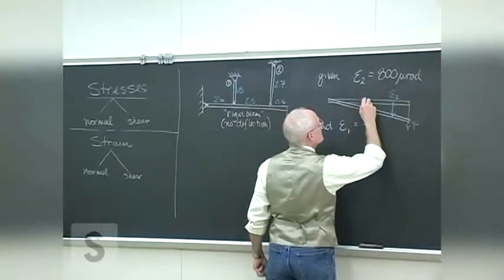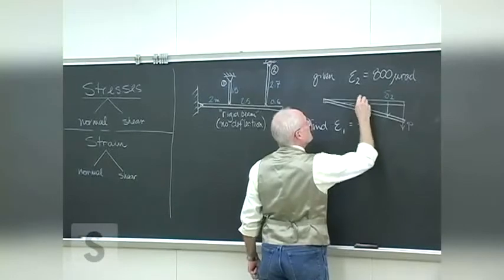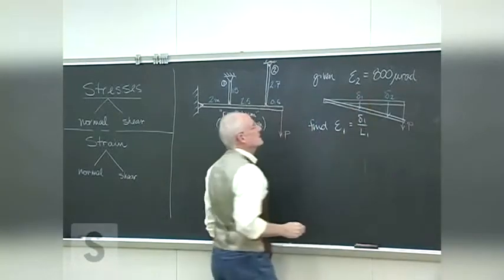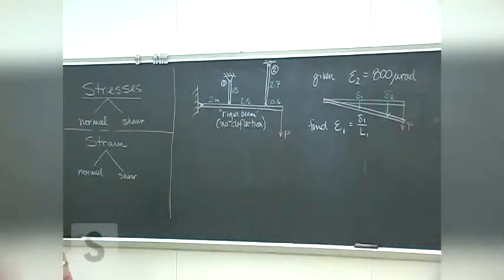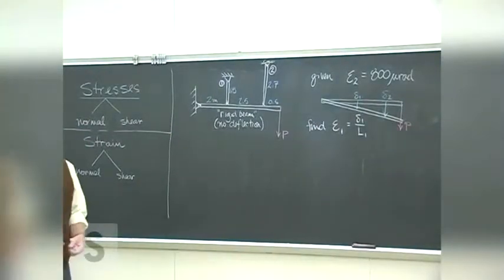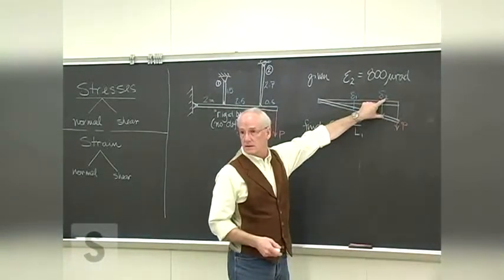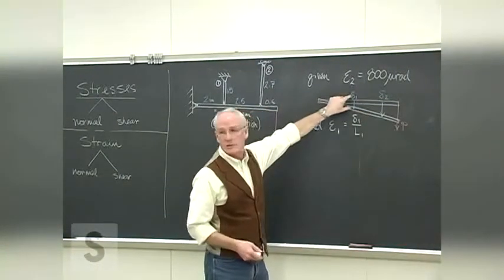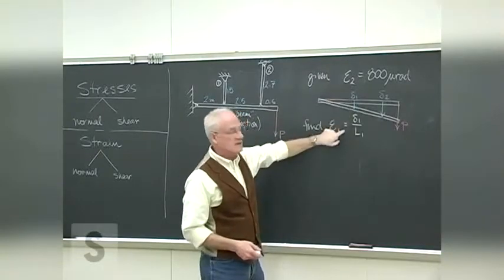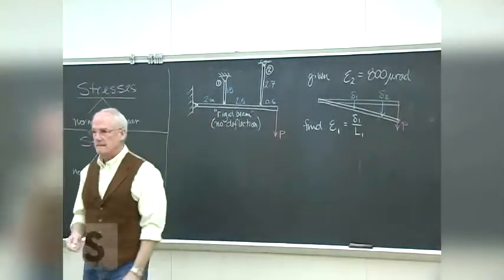Piece 1 is back here somewhere. So we know it's going to deform an amount like that. If we can determine what this amount is, we can use similar triangles to determine what that amount is, and then simply calculate the strain.